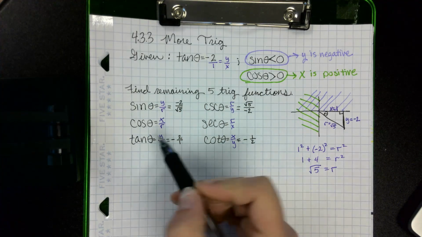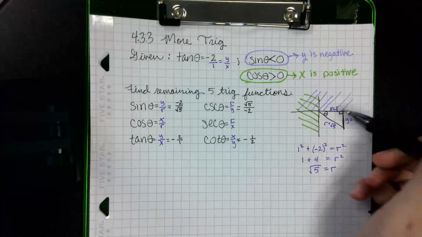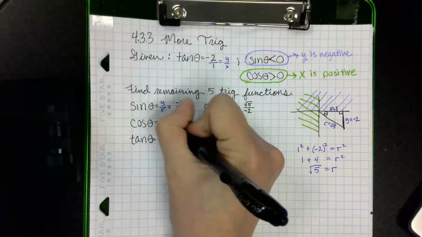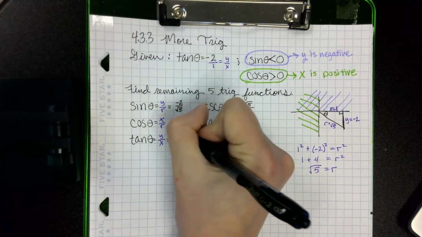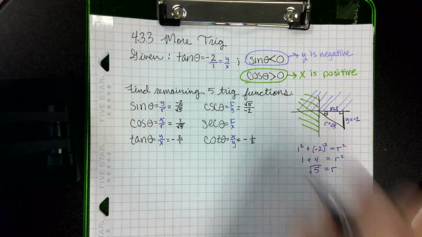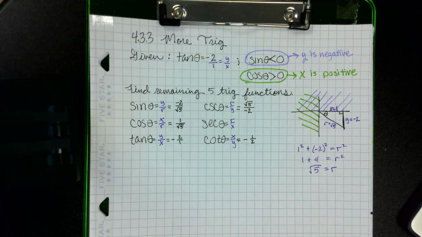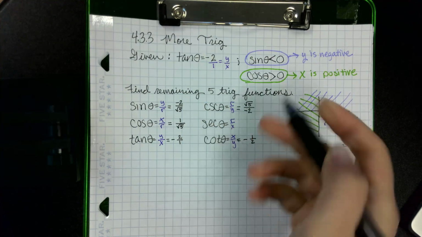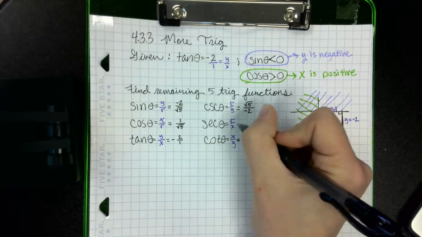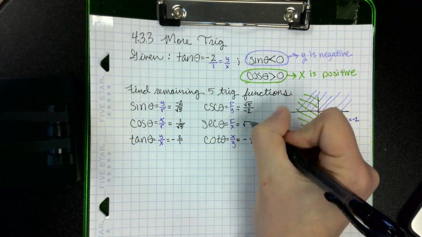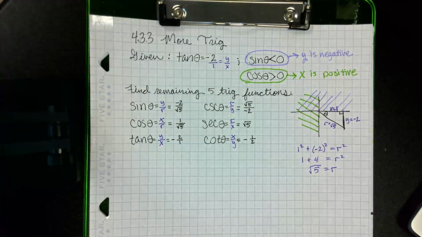We can fill in cosine from our triangle. X is +1. R is square root 5. And then secant is the reciprocal. So it's square root 5 over 1 or just square root 5, either way. So now we've filled in all of the values.